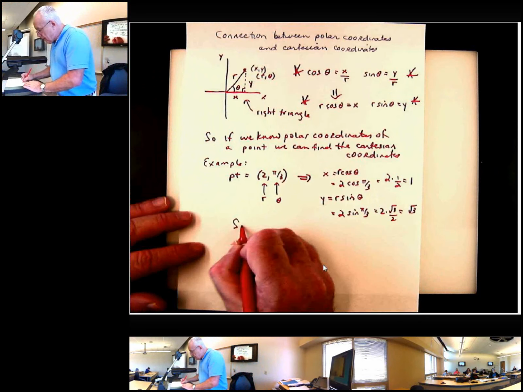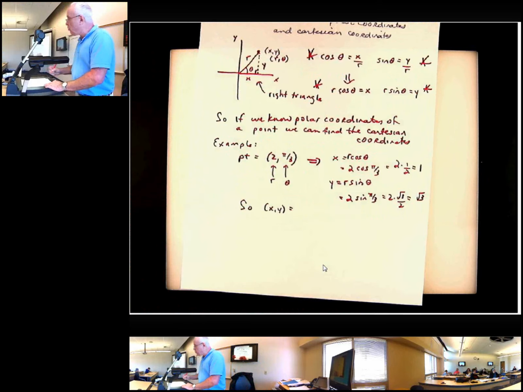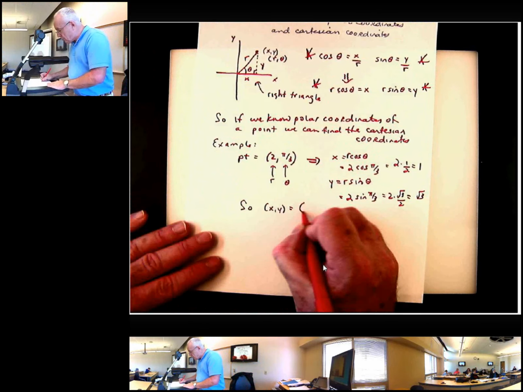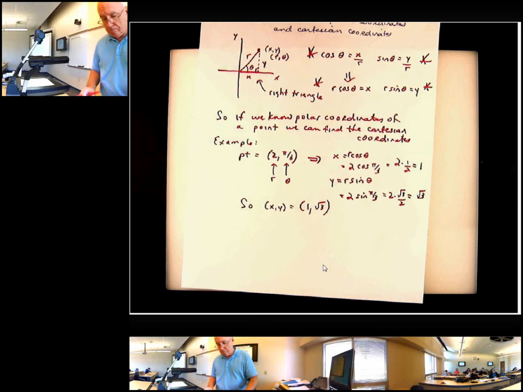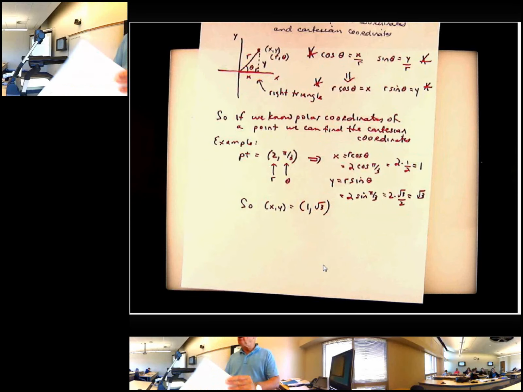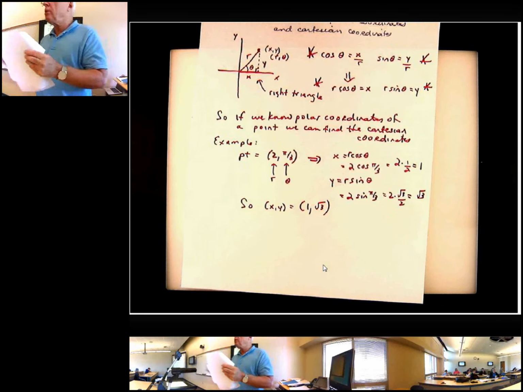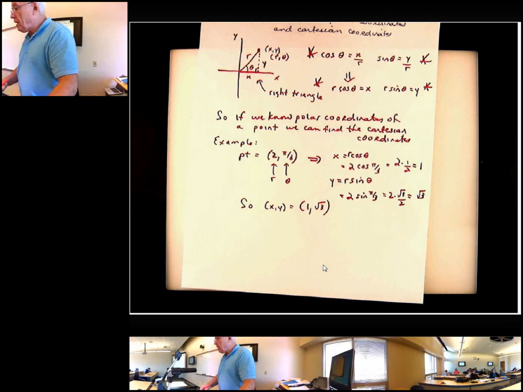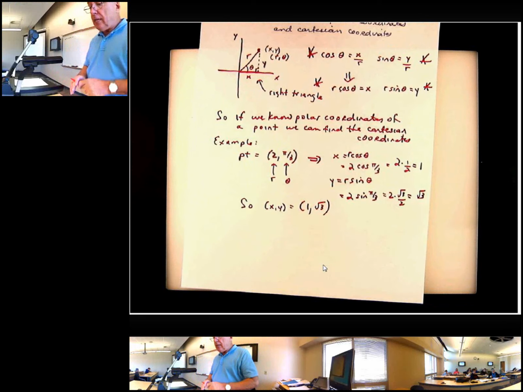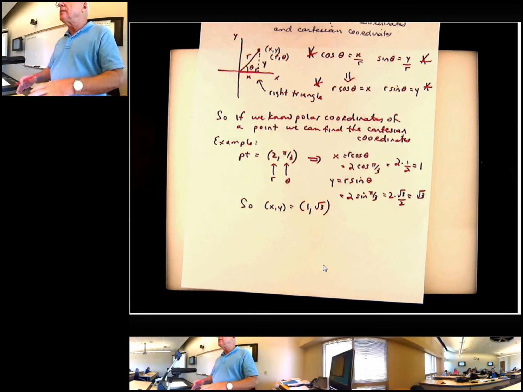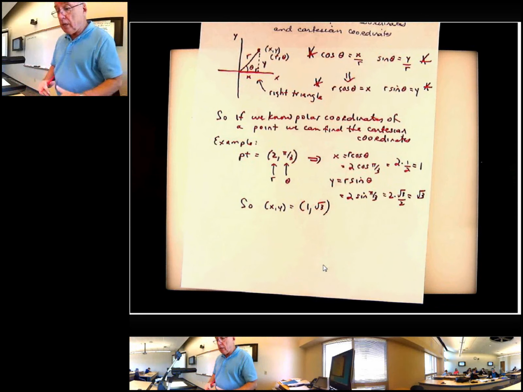So the x, y for that polar point is x is 1, y is the square root of 3. Okay? So we just plug the r and the theta into the formulas and we get the x and y. Now the thing is, we can also go in the other direction. If we know the Cartesian coordinates, the x and the y, we can then determine polar coordinates.